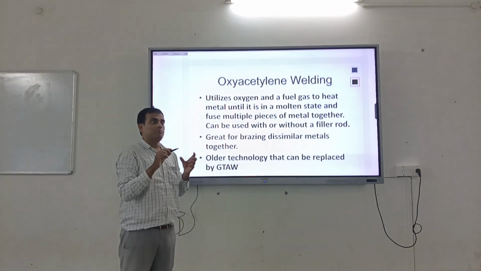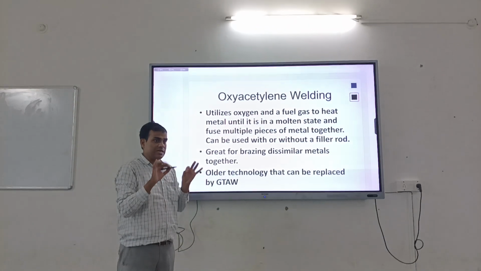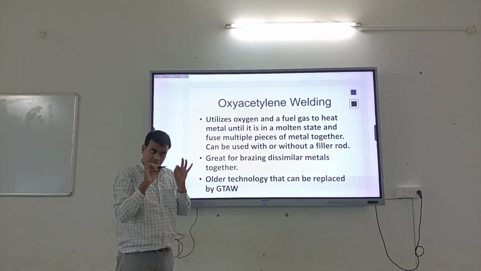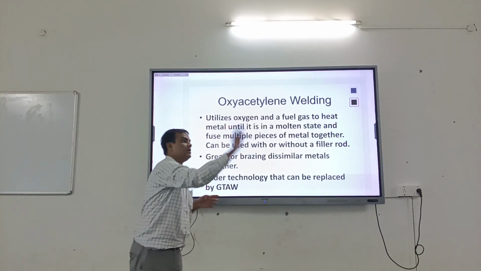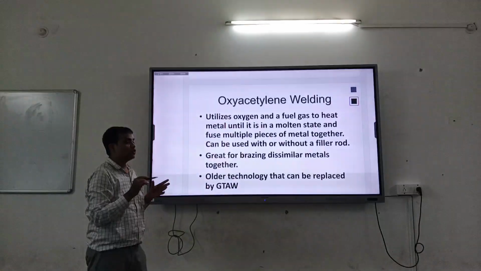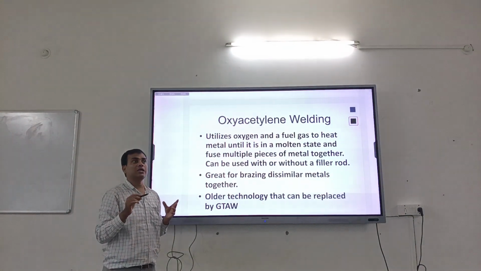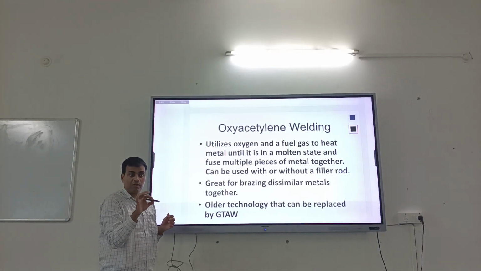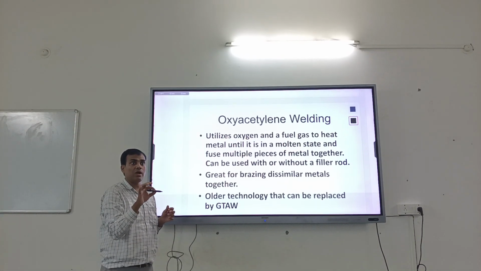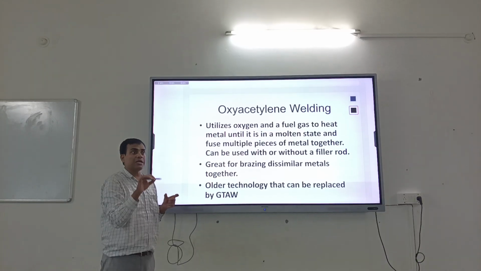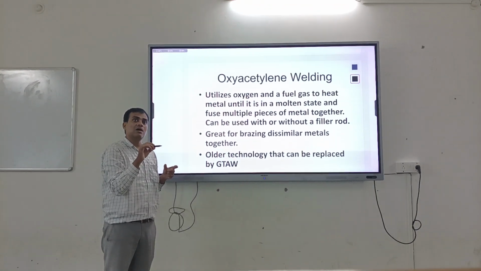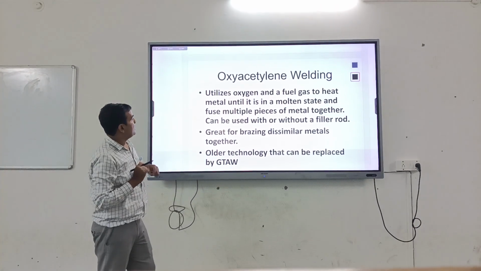It provides the heat at one particular point, not throughout the length. So we should first identify the specific point and provide the heat at that point, so that appropriate heat is transferred there and forms the joint.